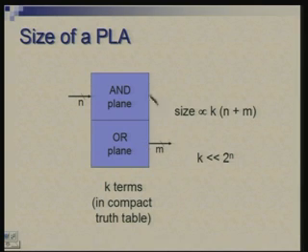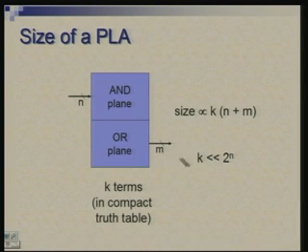If there are k terms, then the total size, which you can see as roughly the area of this rectangle, will be proportional to k multiplied by n plus m, because the AND plane accommodates rows corresponding to n inputs, and the OR plane has m rows corresponding to the outputs. So the height is proportional to n plus m, and the width is proportional to k.